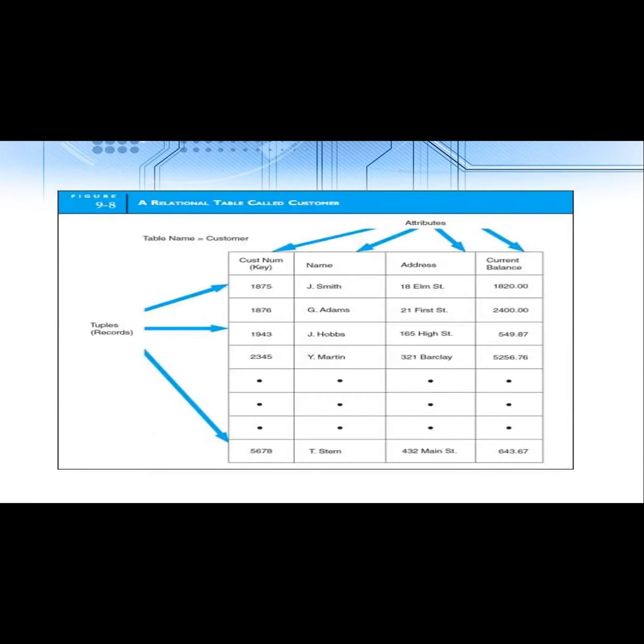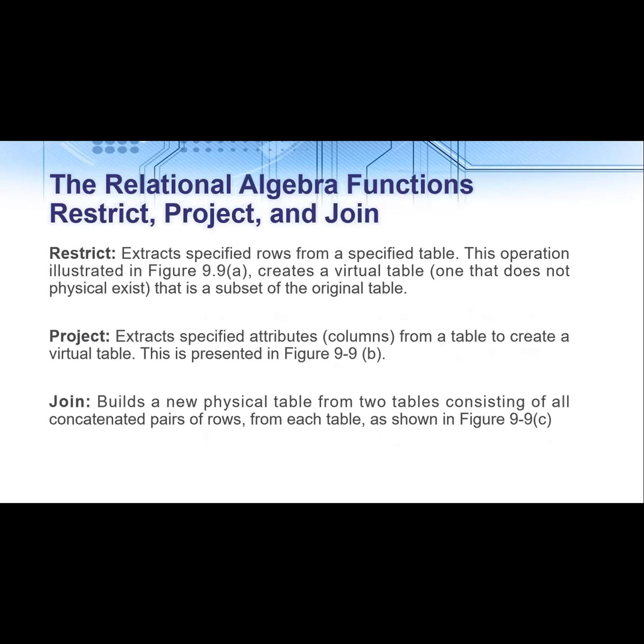So this figure 9-8, it represents a relational table called customer. The relational algebra function restrict, project, and join. Restrict extracts specified rows from a specified table. This operation is illustrated in figure 9-9a.